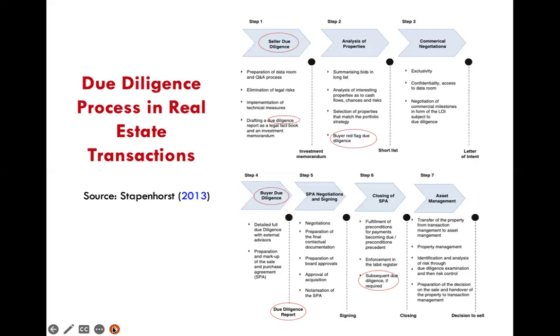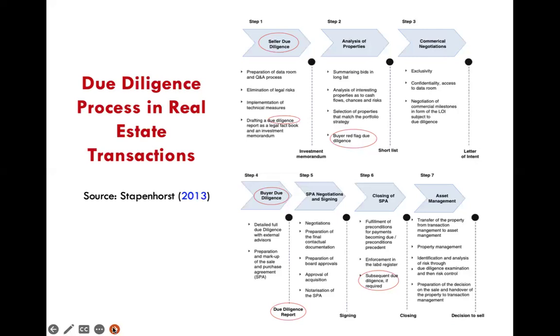Now, in the third stage, this is where various conditions that would underline the sale is usually determined, right? And so we talk about the commercial negotiations. And here, exclusivity clauses, confidentiality clauses, or even access to data, right, would all be negotiated at this point.